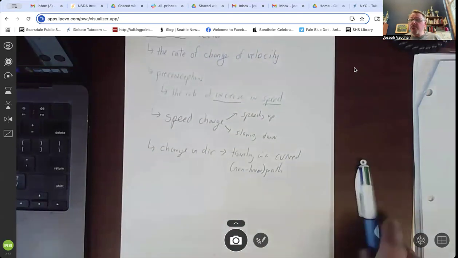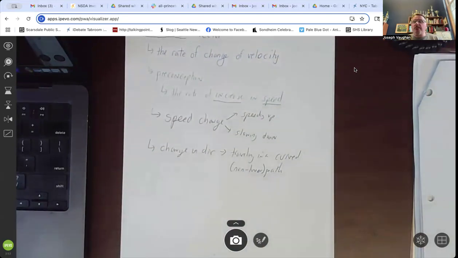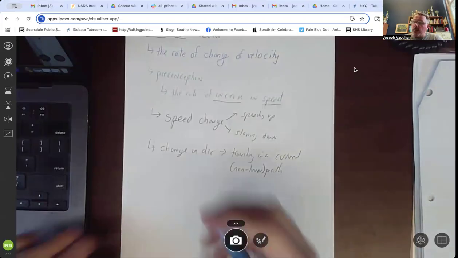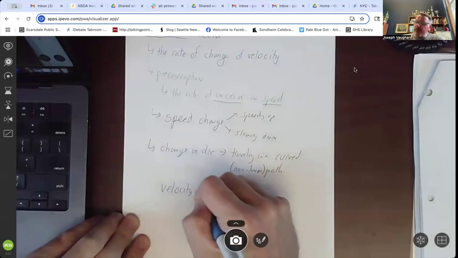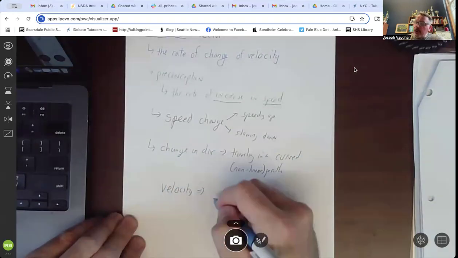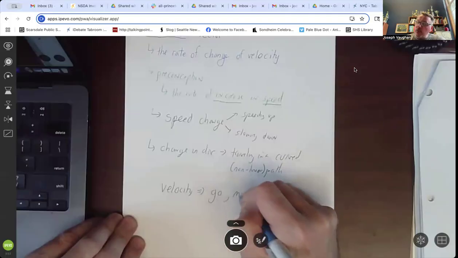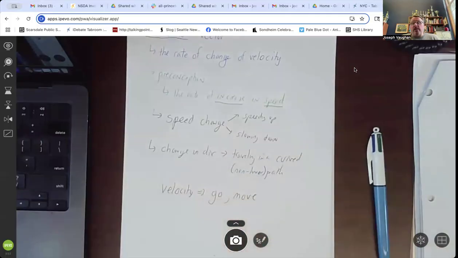Okay, before we get too far, I want to do some grammar with us here. So words that we're going to use when we're talking about things like velocity. So verbs that we're going to use when we're talking about velocity are going to be things like go or move. So an object is moving at a velocity of 4 meters per second.